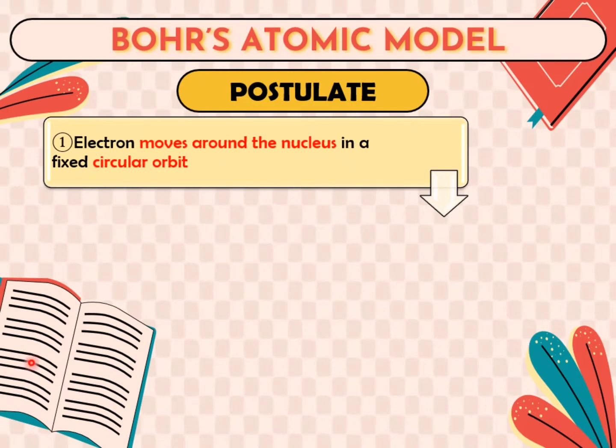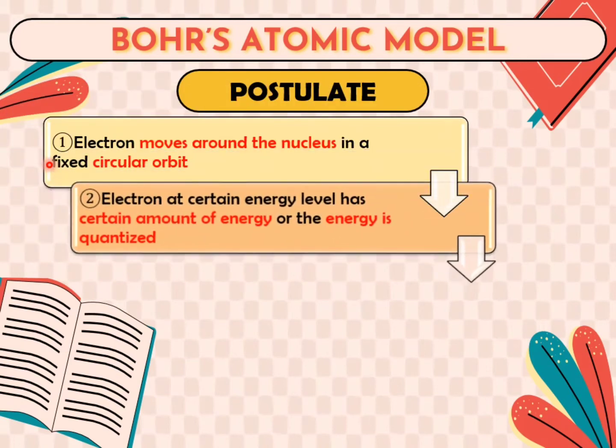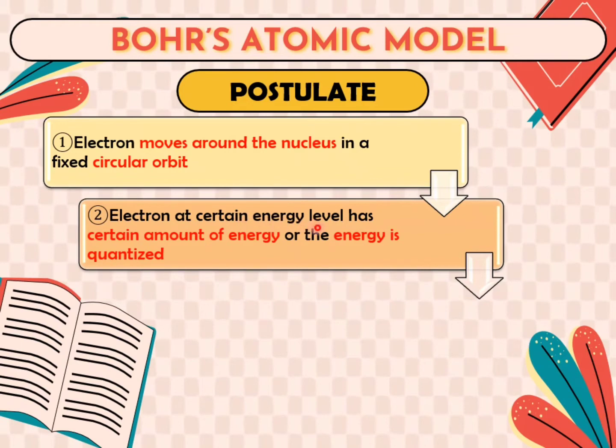It means that the electron will move around the nucleus in a certain orbit, for example like the earth going around the sun. So this is Bohr's assumption. Then the second is electron at certain energy level has certain amount of energy, or the energy is quantized. Quantized means it has a certain energy if it is in a specific shell. Usually you must have heard of the shell. I will explain more about the second postulate after this by using a diagram.